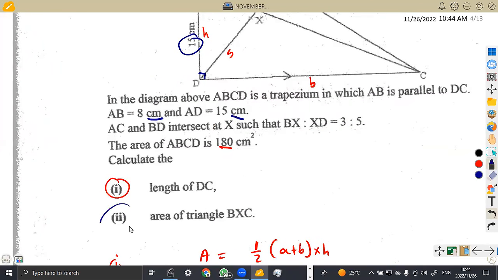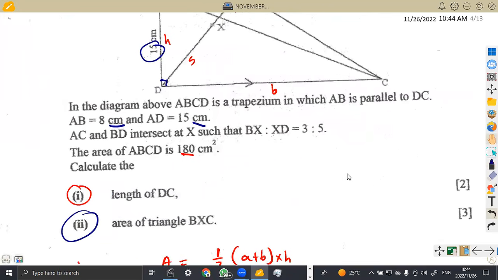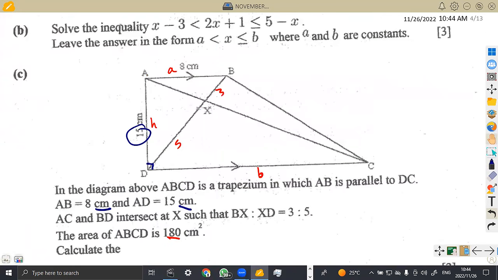So that's it. Then the other part, we are now asked to find the area of triangle BXC. There are so many ways that we can do this. Let's see the marks, 3 marks. Okay, so this is BXC, this triangle here. This is the one that we are supposed to calculate its area.